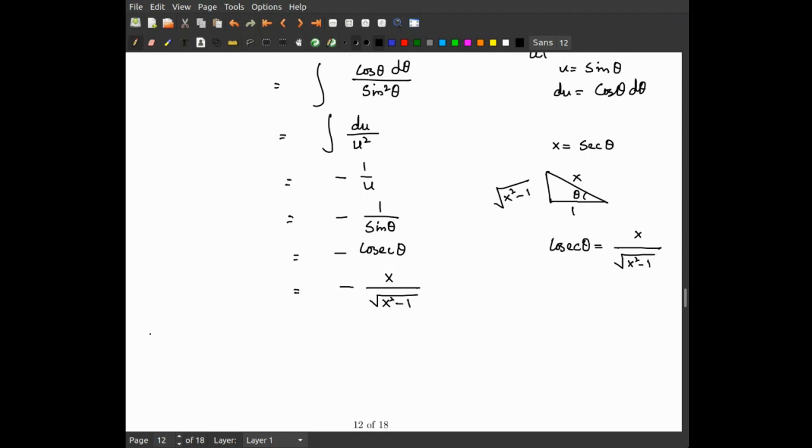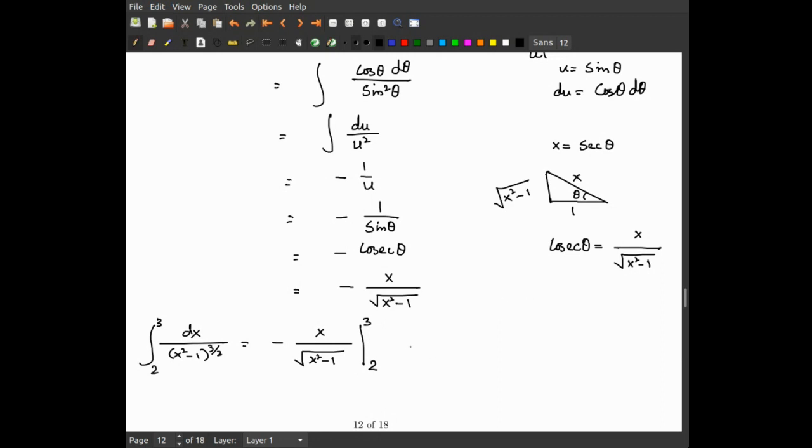But our goal is to find the definite integration. That means from 2 to 3, dx over x squared minus 1 to the power 3 over 2. So that means we have to use this x over square root of x squared minus 1 and plug the limit 3 and 2.